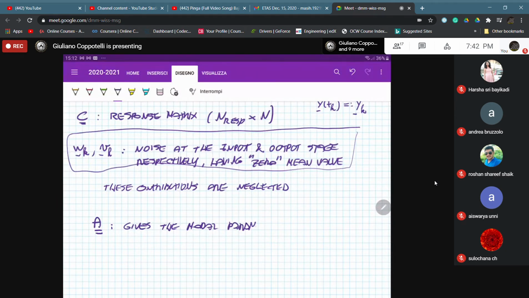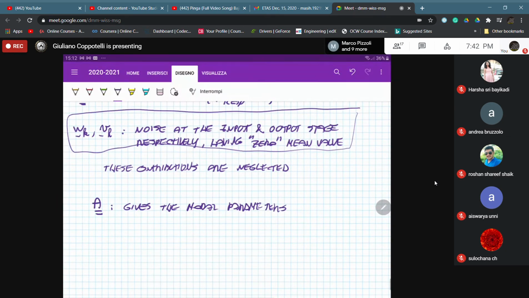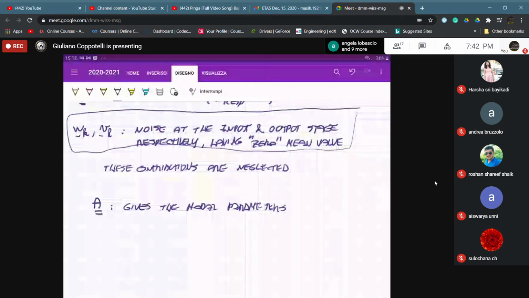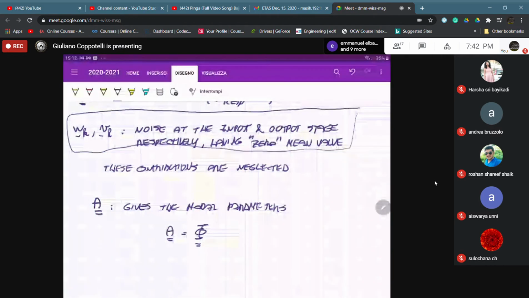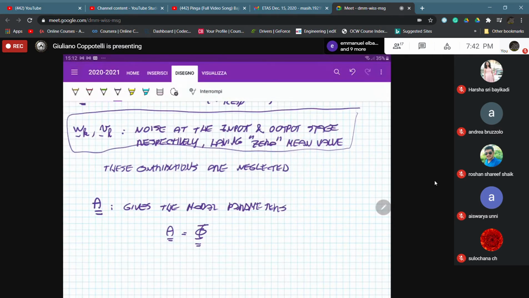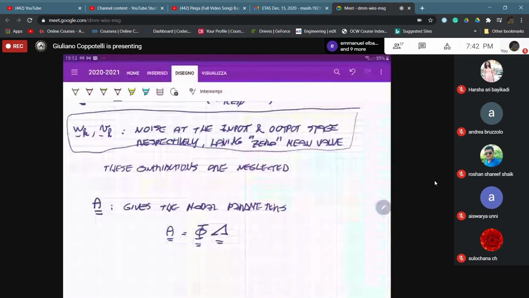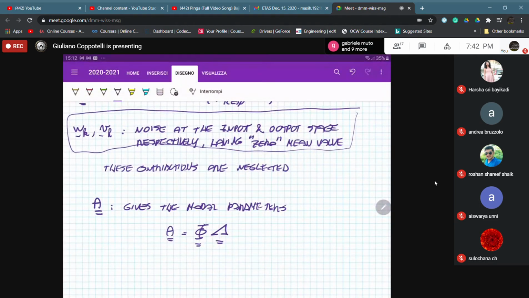Remember, when we consider the Ibrahim time domain technique, we saw this point in detail. We saw that your state space matrix A could be decomposed as your complex modal matrix, times your diagonal matrix of the eigenvalues, and then the modal matrix transpose.